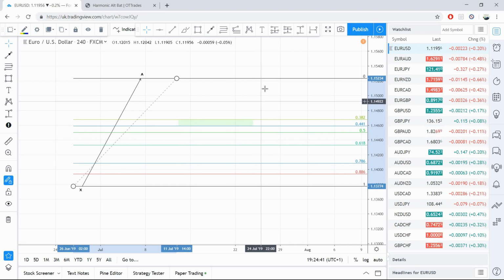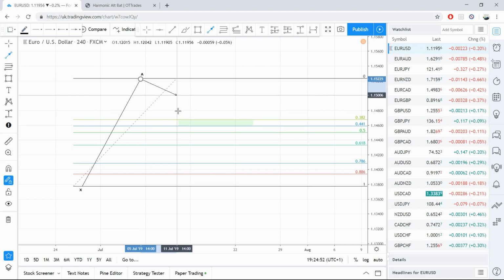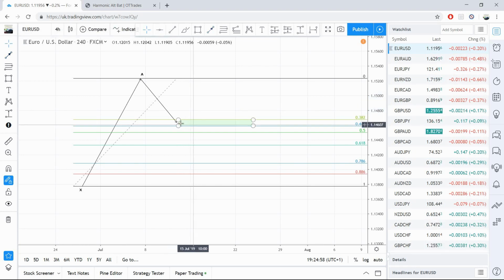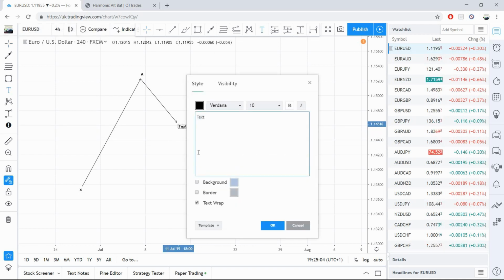Not a bad guess with our green box there. So price has to fall within this range here in order for this to be a precise 382 retracement of the X to A leg. So for a precise 382 retracement, just put it in the middle of that area, and that's going to form our B point. So I hope that makes sense. So if we just make that B here.